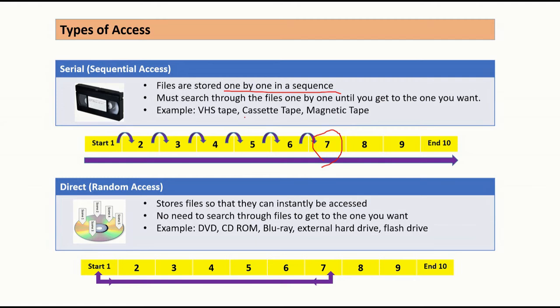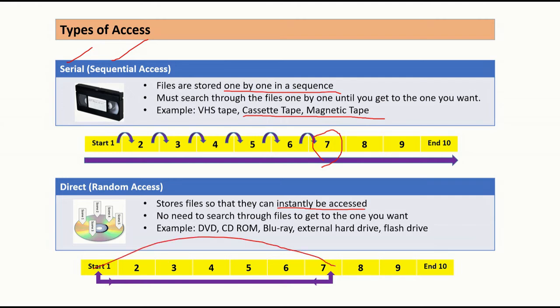In contrast, direct or random access is where you will have files stored such that they can be instantly accessed, which means there is no need for you to search through files to get to the one you want. Examples of devices or storage media that use direct or random access are CDs, DVDs, flash drives, and so on.